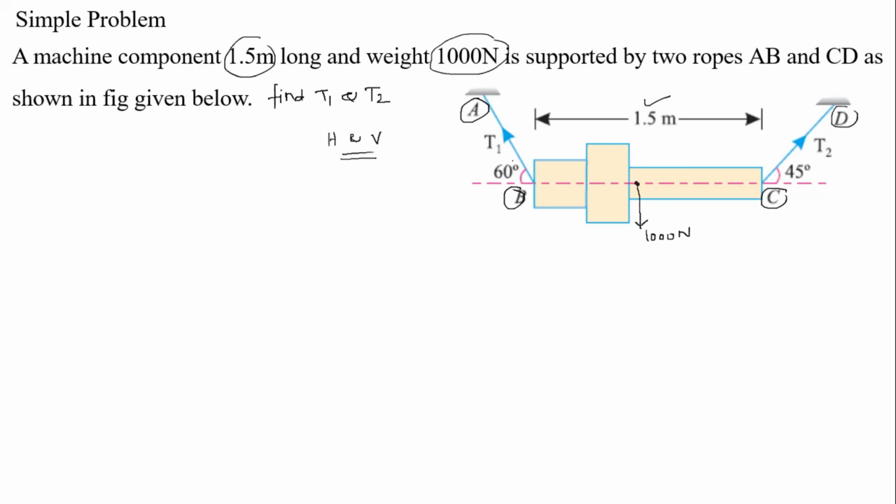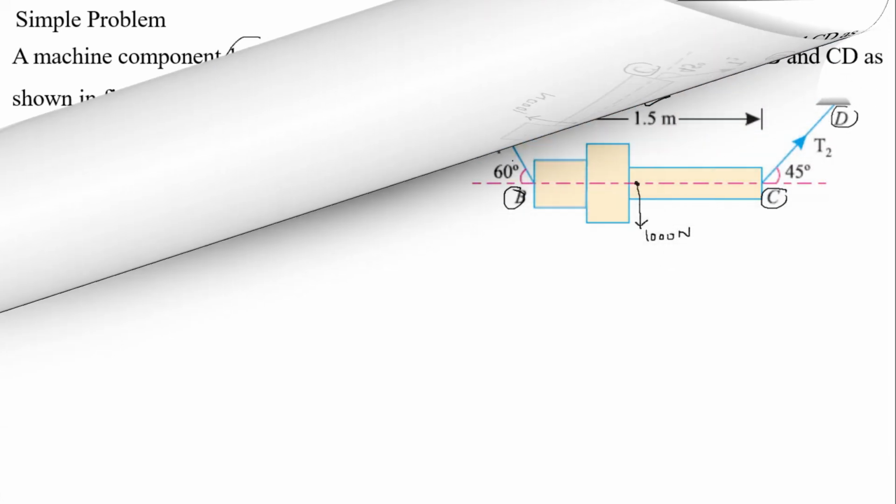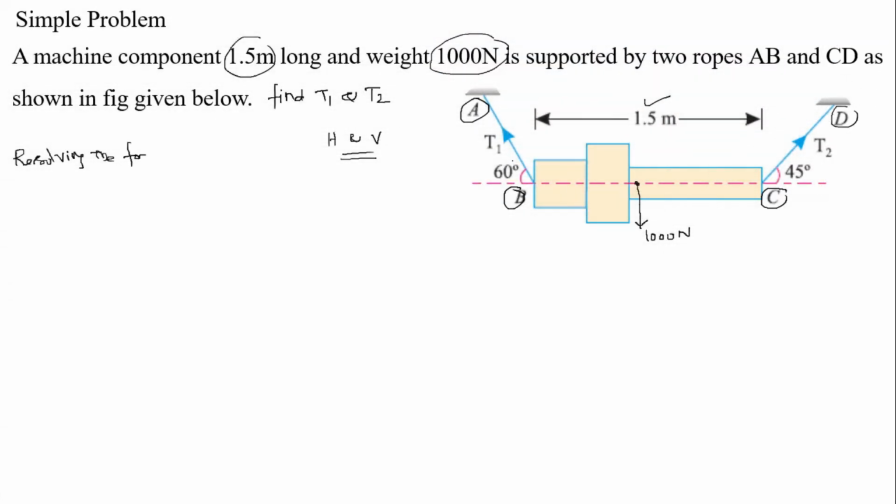So resolving the forces horizontally, this is an inclined force at 60 degrees with respect to the horizontal, so tension T1 is acting this side. Similarly here with respect to the horizontal, this is T2 with an inclination of 45 degrees.